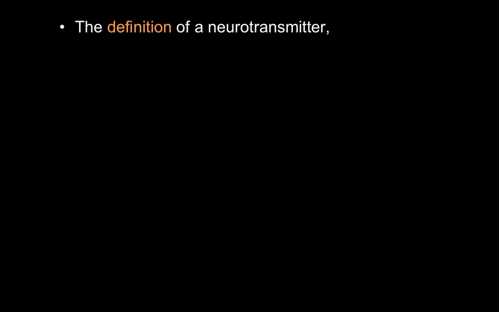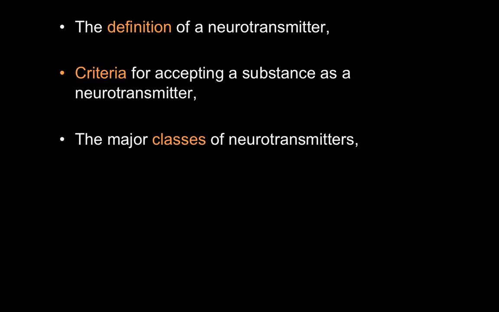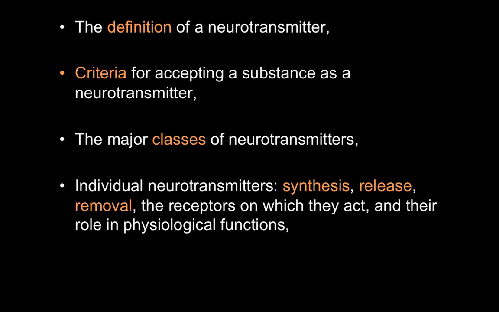So what exactly are we going to be doing with these 3 neurotransmitters? To start off, we're going to be defining what a neurotransmitter is. We're going to be looking at the criteria for accepting a substance as a neurotransmitter, and the different major classes of neurotransmitters.